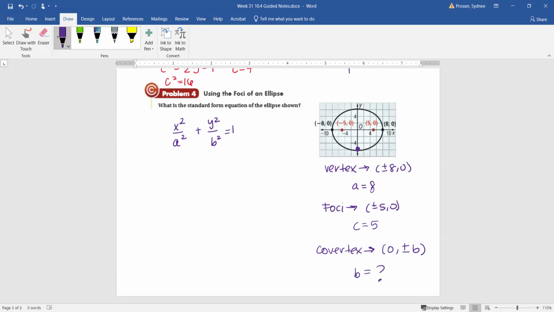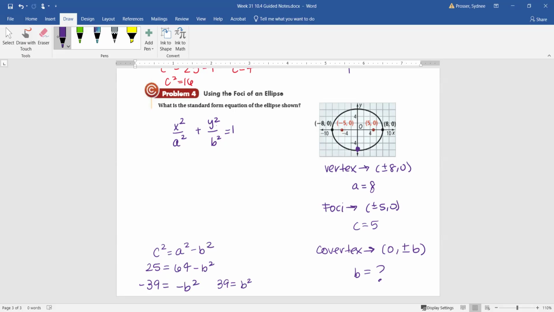And we're going to go back to using our version of Pythagorean theorem that will help us find the covertex, b value. So it's c squared equals a squared minus b squared. I know my c is 5, so I have 25 equals my a squared, which is 64, minus b squared. I'm going to subtract 64 over. And then I'm going to get 39 equals b squared.